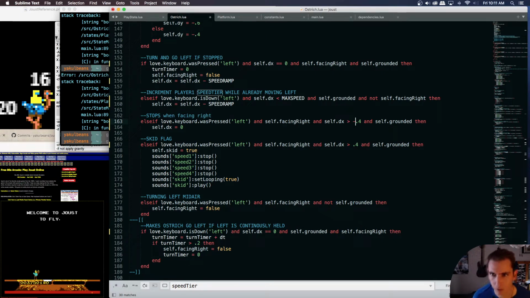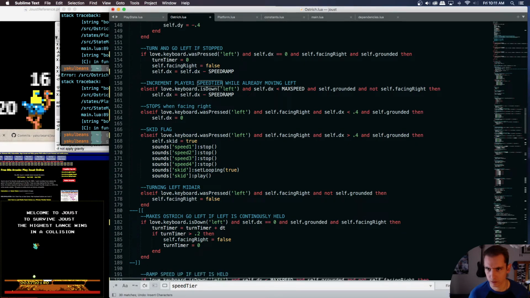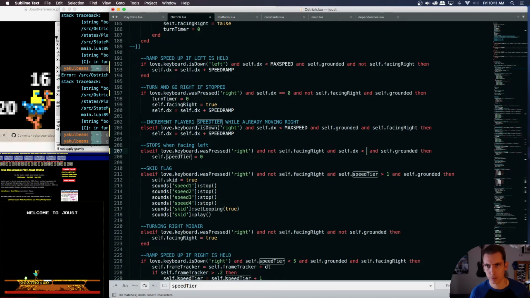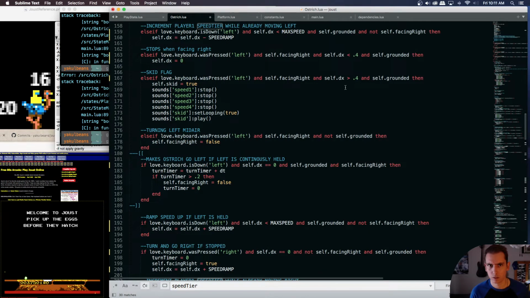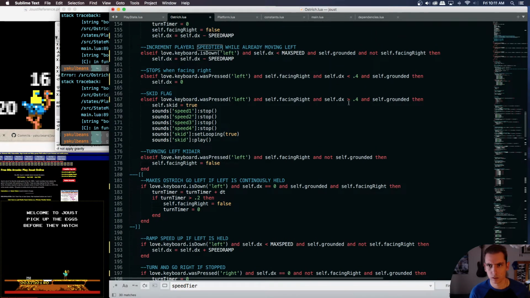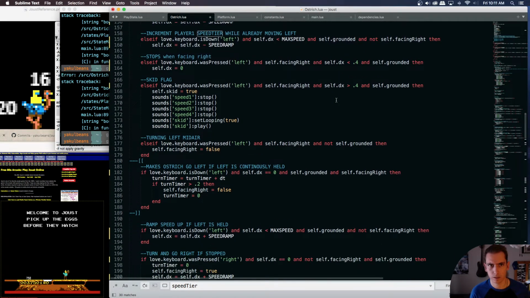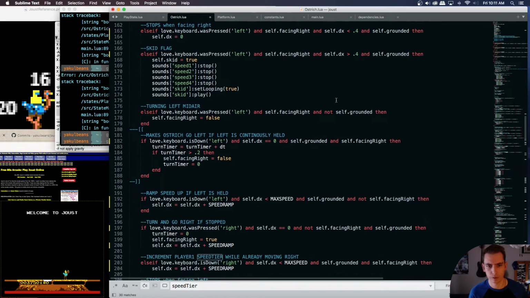Let me think about that. Left is pressed and we're facing right. That isn't right. That'll stop us. I think I need to say greater than -0.4, but smaller than 0.